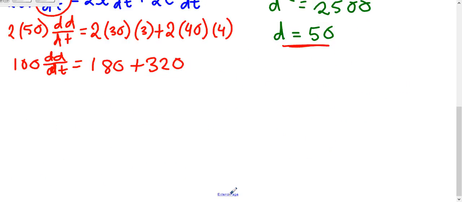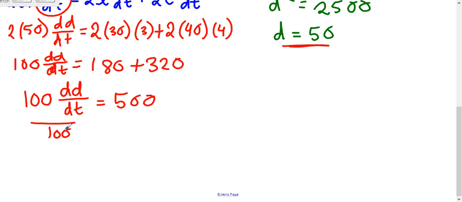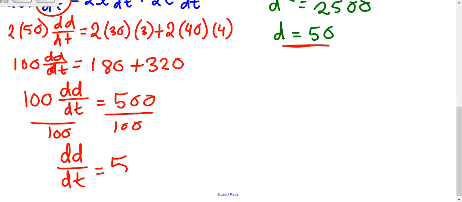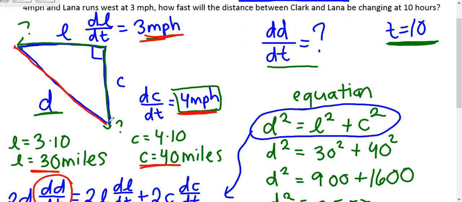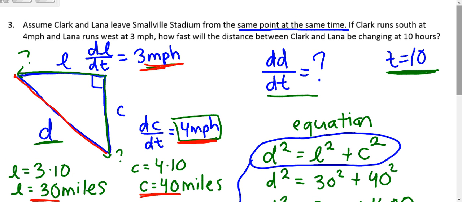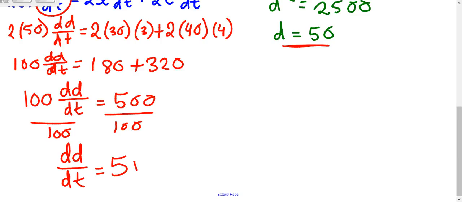So we have 100 dd/dt is equal to 500, and we need to divide both sides by 100. So finally, we have dd/dt is 5. And we need some units of measure, so the distance between them, that's a straight line that we're measuring. So we are looking at miles per hour. And there's our answer.